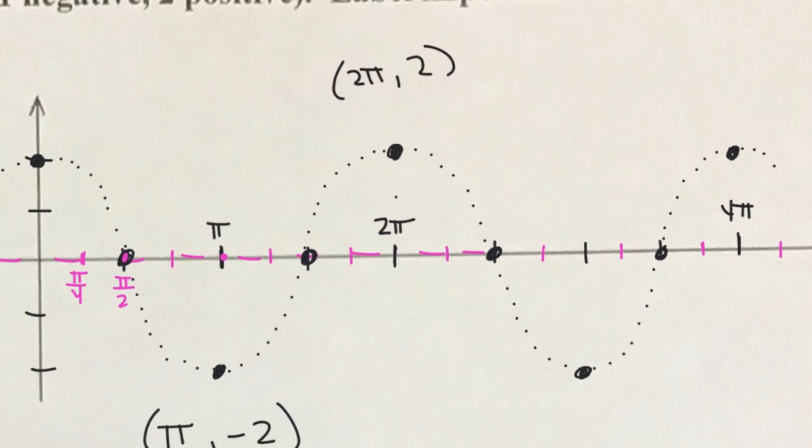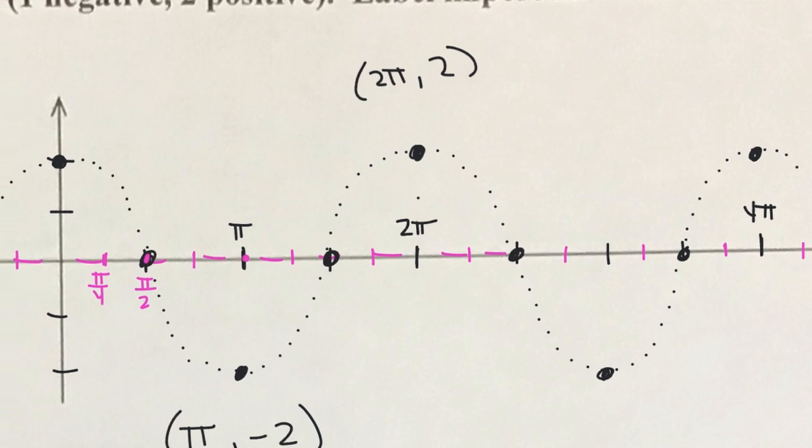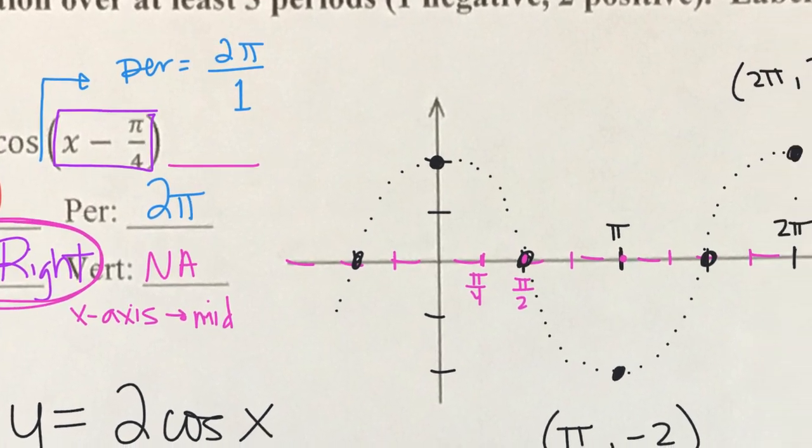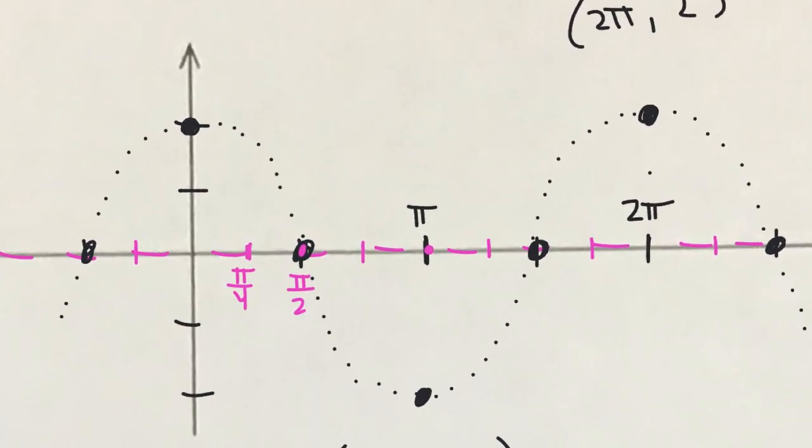So now we've divided our horizontal axis into pi over 4 units. Every one of those tick marks is pi over 4 now. So I'm going to take each point and move it 1 tick mark to the right of where it currently is. Okay, this is how we're going to graph your phase shift.